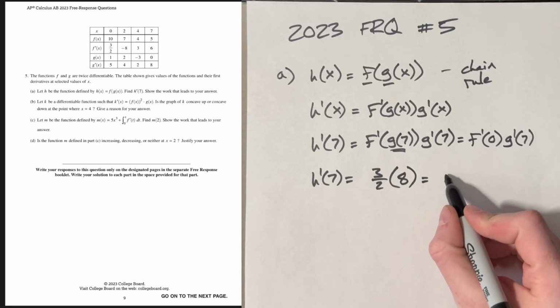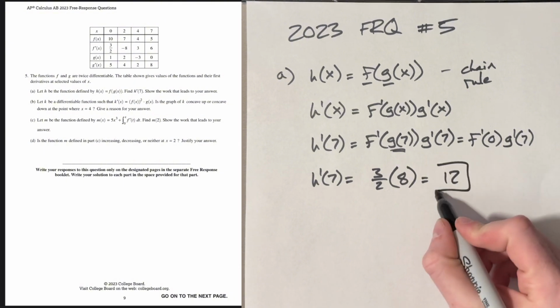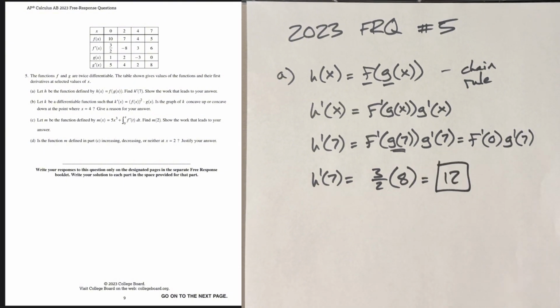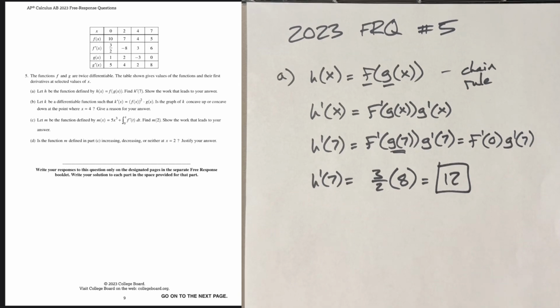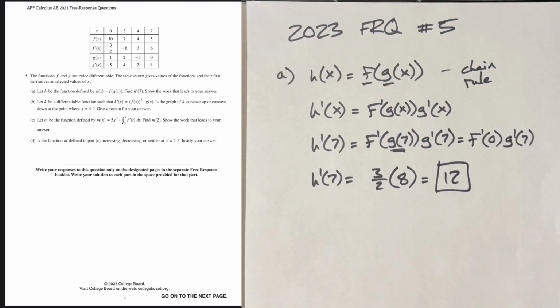Multiplying these two together gives us a final answer of 12, which is the correct answer to part A. So a relatively easy question, challenging us to remember chain rule, and then also know how to use the table. So that was part A.